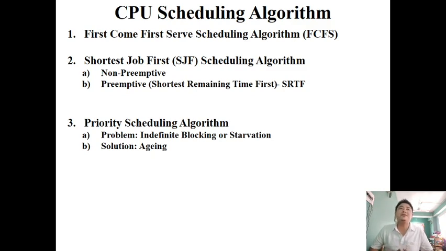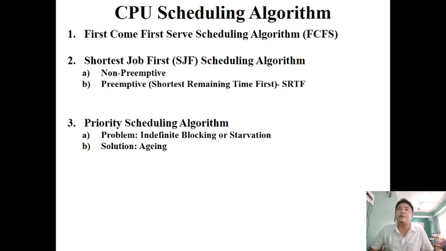Each and every process is assigned some priority, and based on the priority value, the process will be given preference. Say, for example, there are three priorities: 1, 2 and 3. One means highest priority, two means second highest, and three means third highest, right? So the process having 1 as the priority value will be given the first preference for using the CPU.